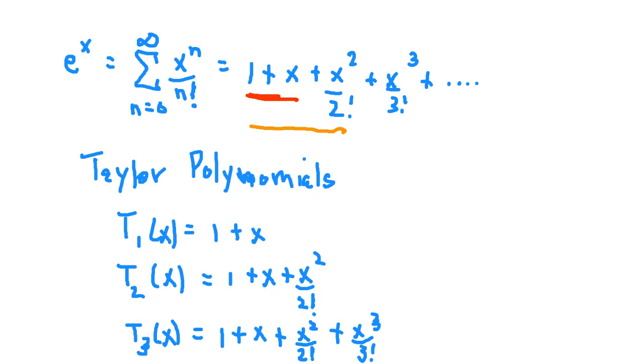So just to help you get a feel for these series, it's helpful to look at the function e to the x with its Taylor polynomials, and that's what they show in figure 1 in the book. So let me just go to figure 1 here.